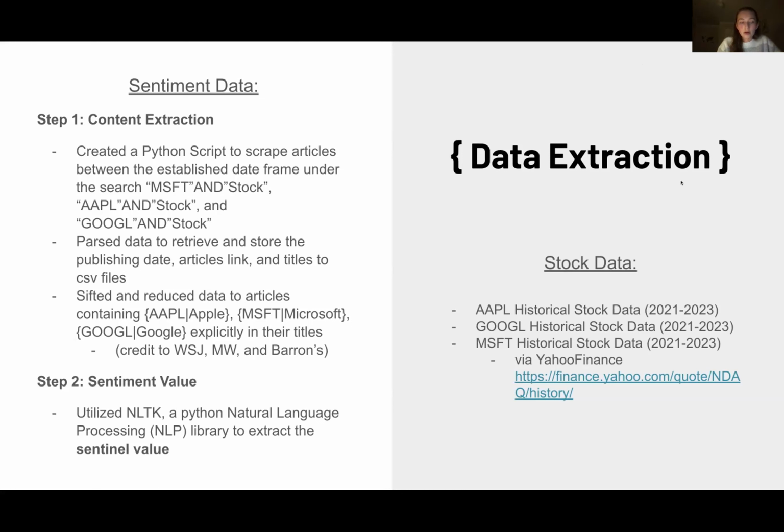I then parsed through the results and extracted the title, the publication date, in order to correlate it to the stock data, and the article link for future use if necessary. Then I converted it to a CSV file.